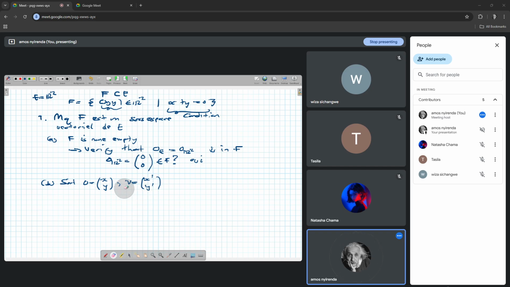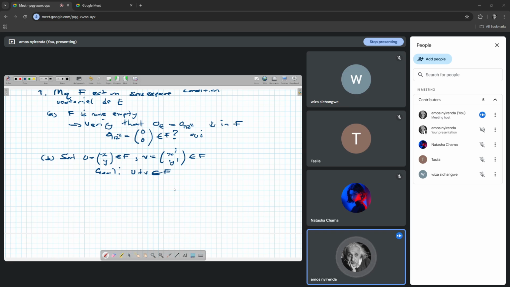I'm taking u from F because that's what the condition is saying, and I also take v from F. Now what is my goal? My goal is to show that u plus v is going to be in F. That is my goal.